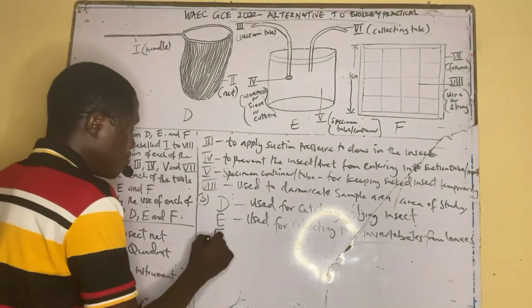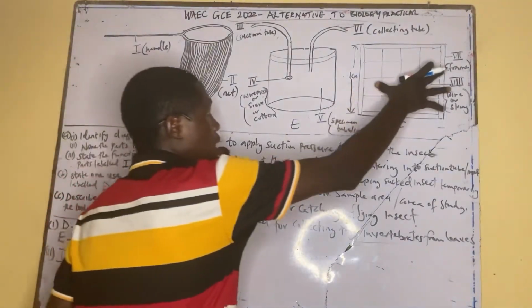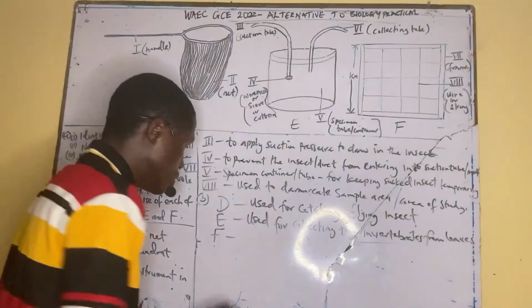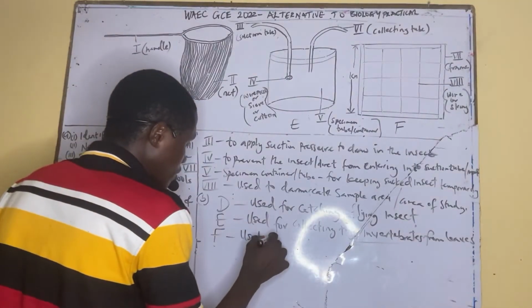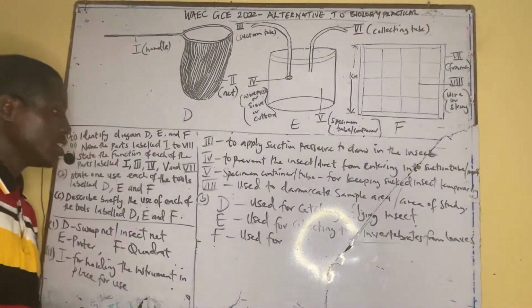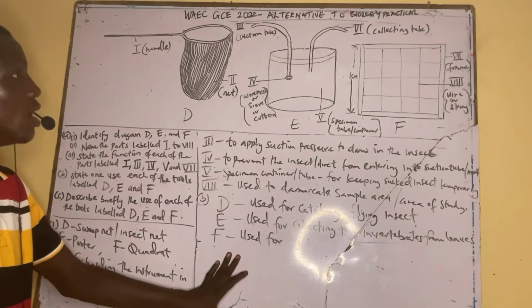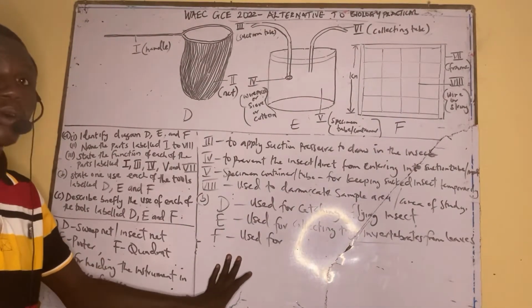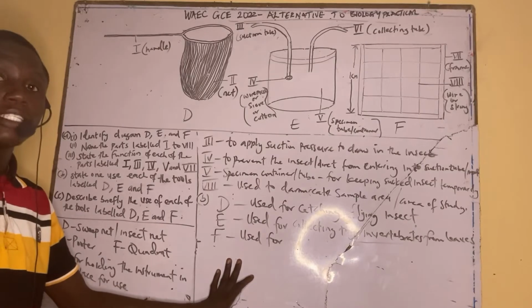So F is a quadrant which is used to know the number of organisms.